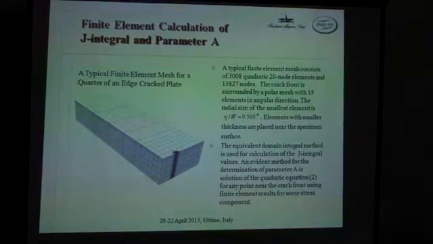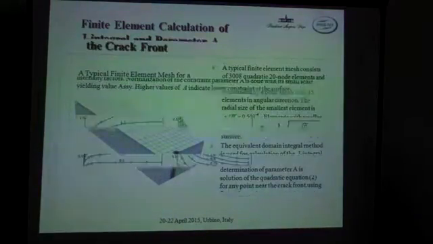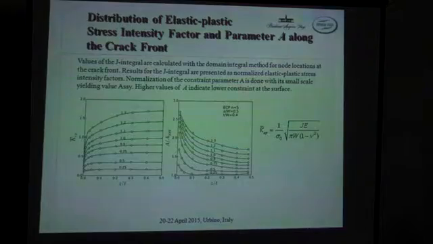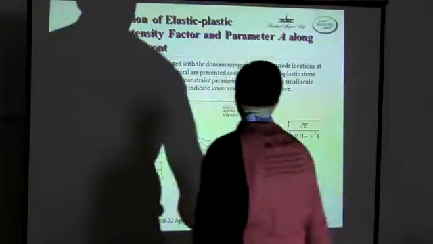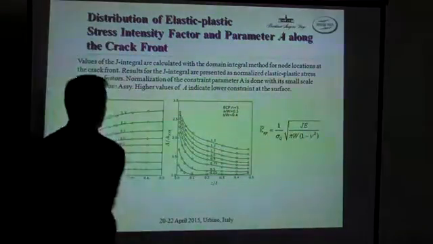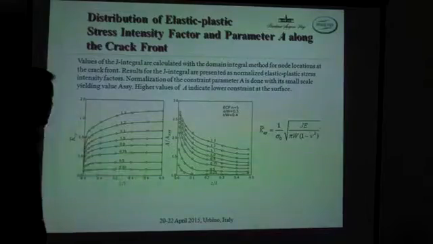For any point along the crack front, you will find the element result for some stress component. And here are some results of distribution of elastic stress intensity factor and the constraint parameter A along crack fronts. Results of the J integral are presented as normalized elastic stress intensity factors, which is given by the following equation.